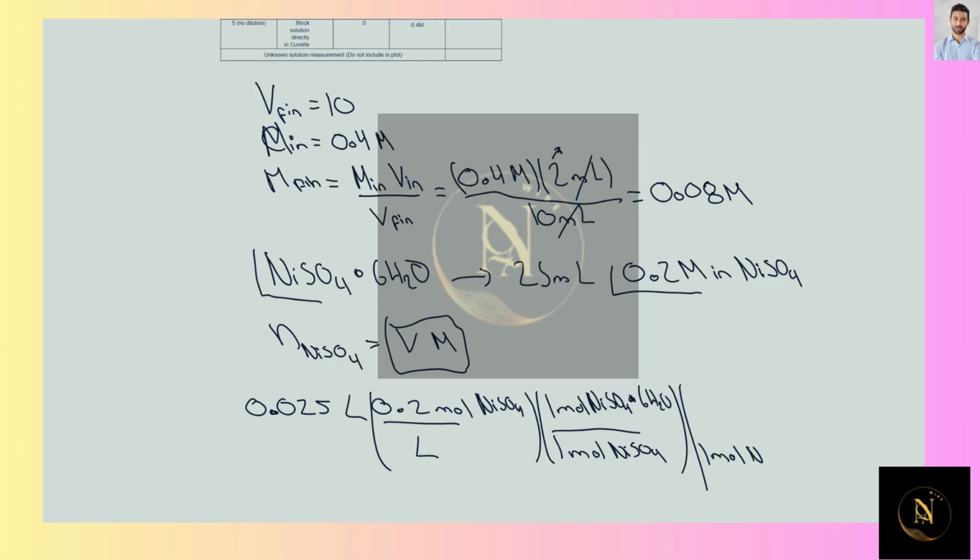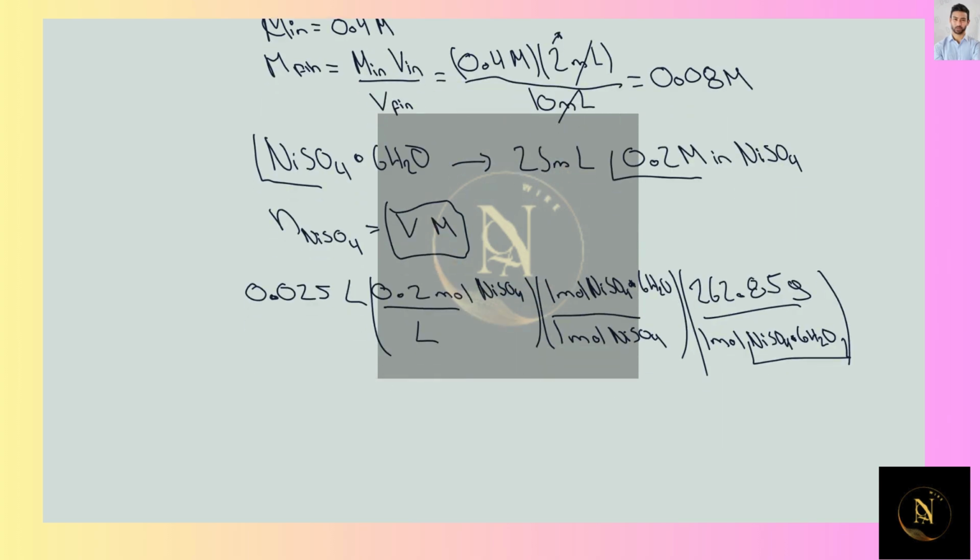So 1 mole of nickel sulfate with 6 waters is going to have a mass of 262.85 grams. Remember that this factor is the molar mass of the hydrated compound. You need to take into account the 6 waters here.